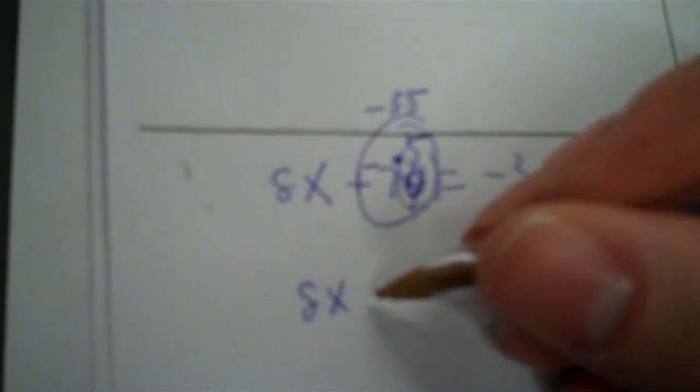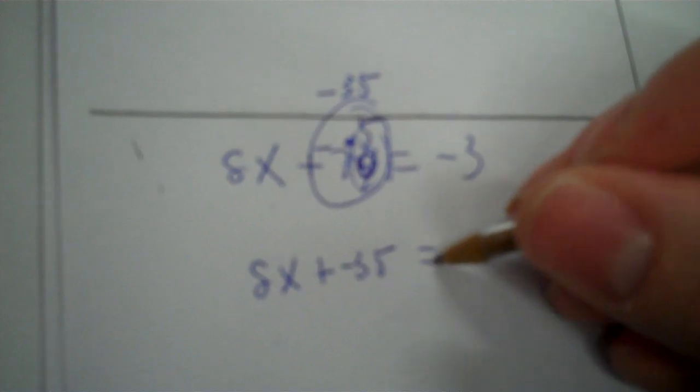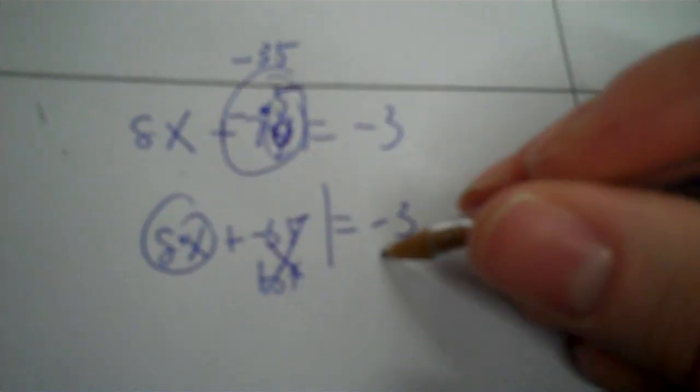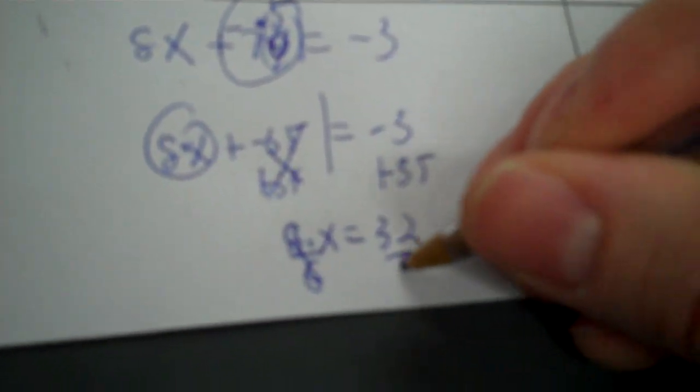You have 8x plus negative 35 equals negative 3. So you have times a negative, so plus 35, plus 35. Negative 3 plus 35 is 32, then divide by 8. 32 divided by 8 is 4, so you got 4, 5.